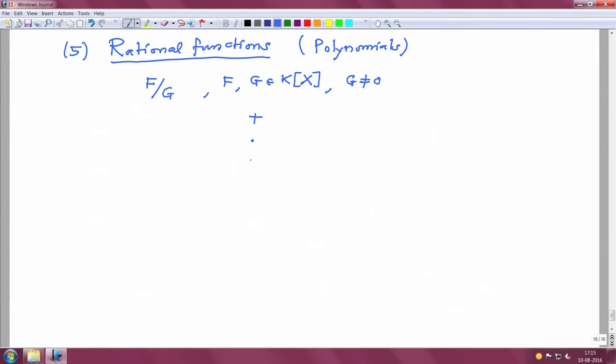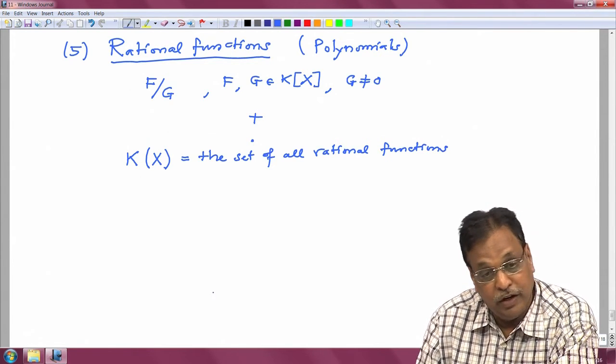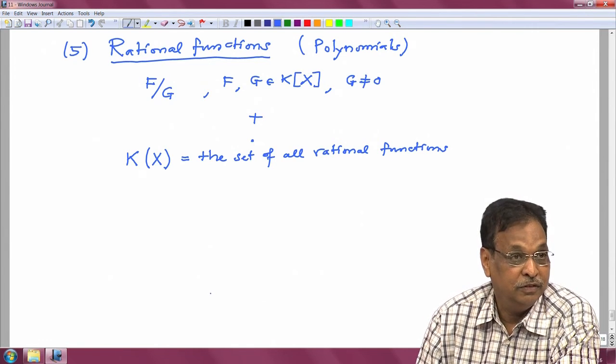So, already with this, the set of all rational functions is denoted by k round bracket x. This is the set of all rational functions. And one of the aims in this example is to show you this is a vector space and to find a basis for this vector space.